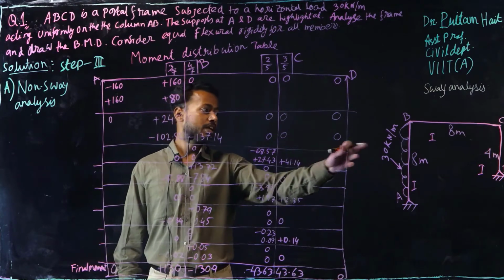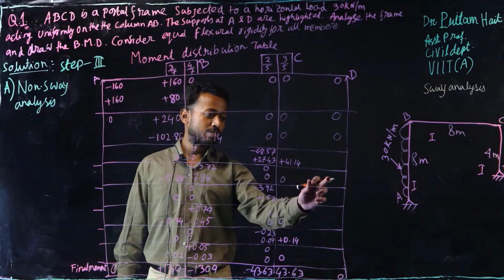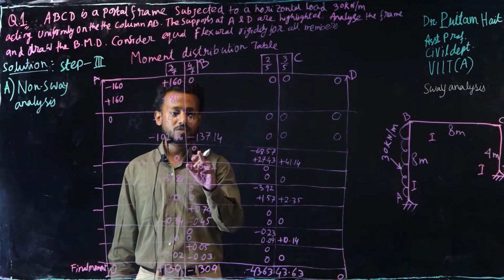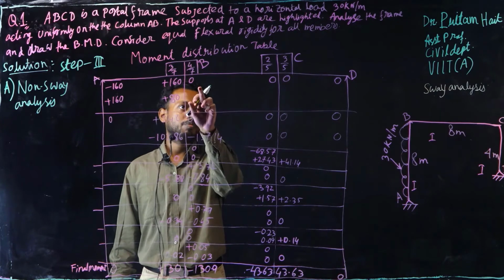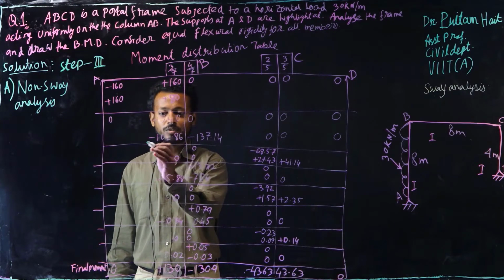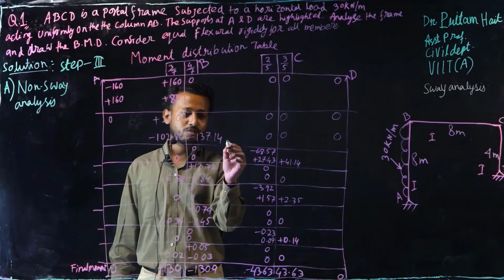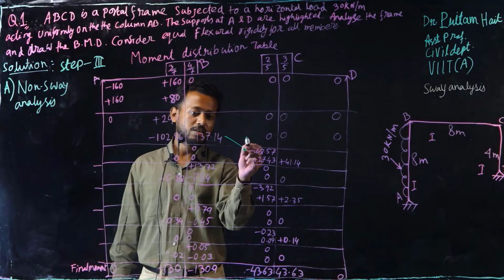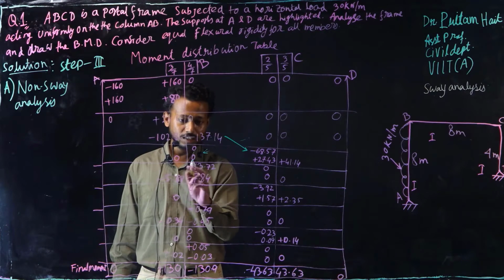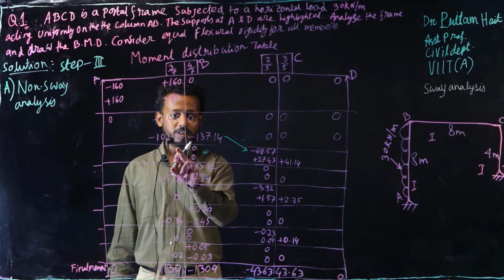Similarly D support is also hinge, so no carryover has come at D support. Okay. So only carryover will come from B to C and C to B.